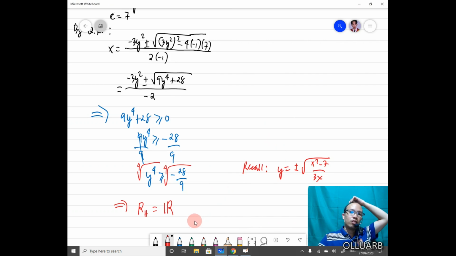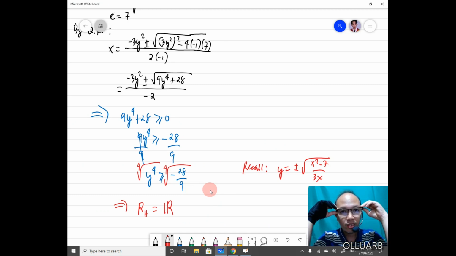Okay, so that's it. That's how you are going to do it. I know the given functions are complicated, but it really helps if you know how to graph.